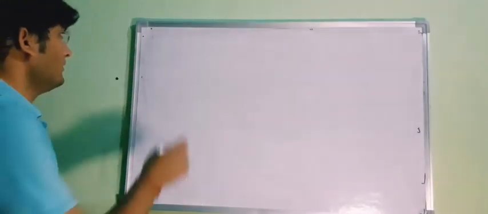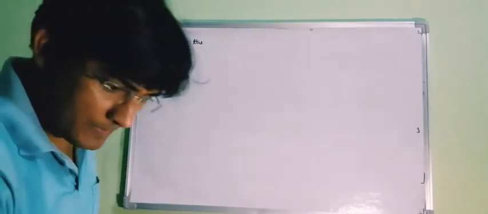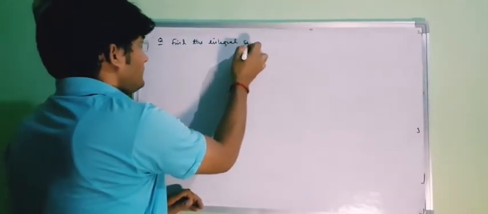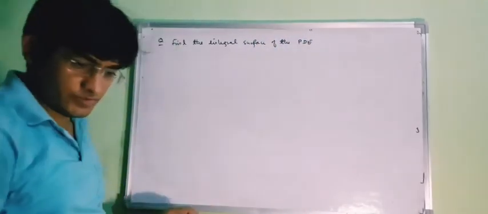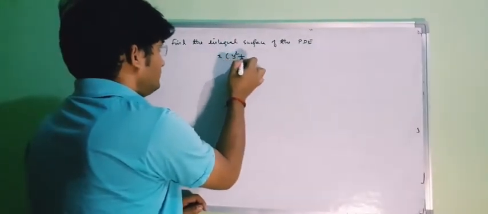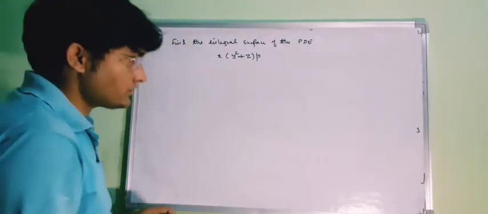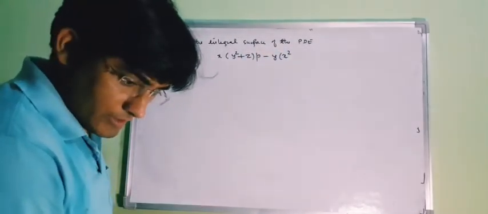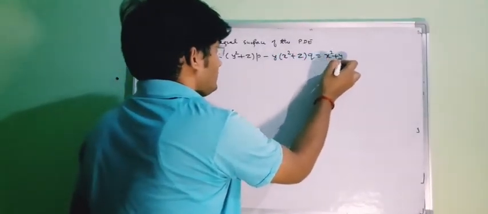So the question is, find the integral surface of the PDE, and the partial differential equation is (xy square plus zp) minus (y x square) plus zq equal to x square plus y square.